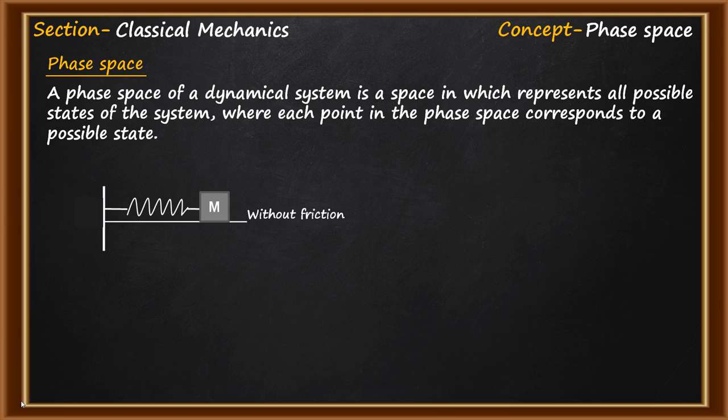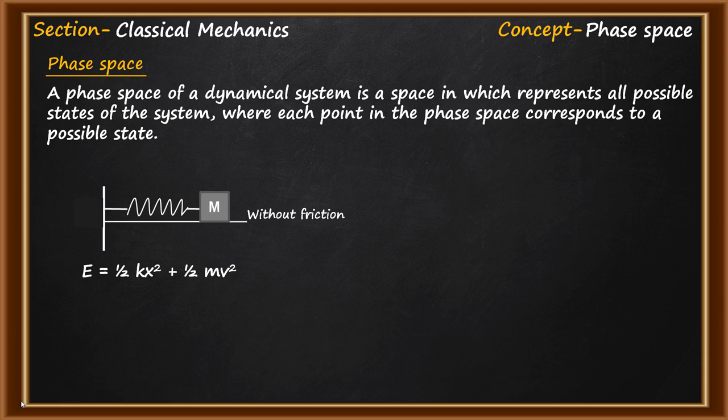So the change in both the energies with time will give you the phase space diagram. Here the total energy E is equal to half kx square plus half mv square, where half kx square is the potential energy associated with the spring force, k is the spring constant, and half mv square is the kinetic energy of the block.